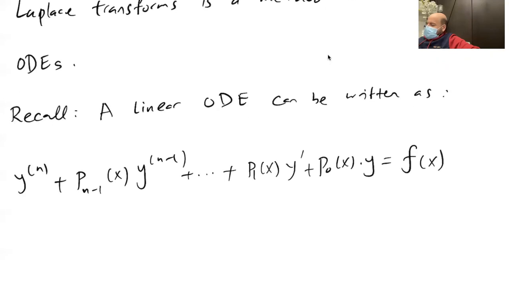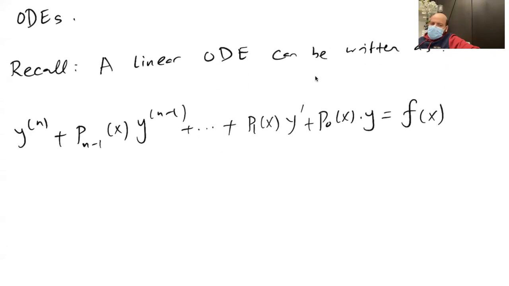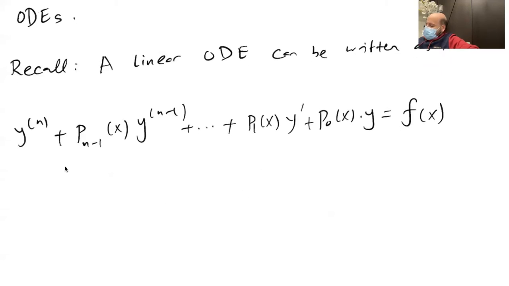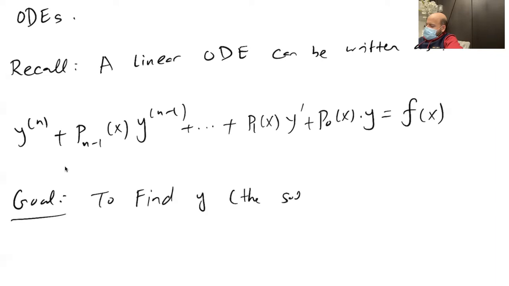So let's consider a linear ODE of this form, and we want to see how we can use a Laplace transform in order to solve this equation and find y. So the goal is to find y, the solution of the ODE above.